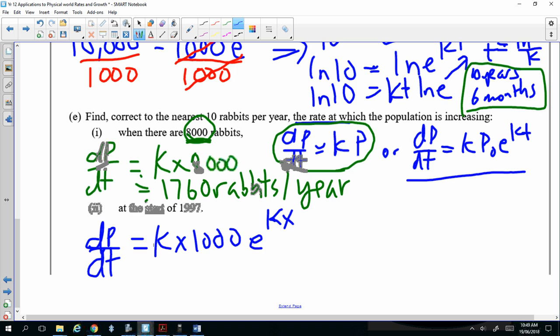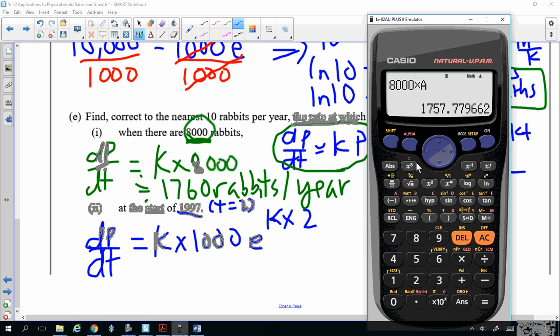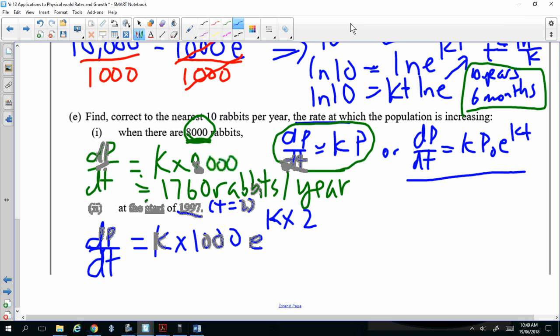And then you just use your calculator. So you do k times 1000 times alpha e, k again, times 2. That's the rate of change. So approximately 340 rabbits per year.